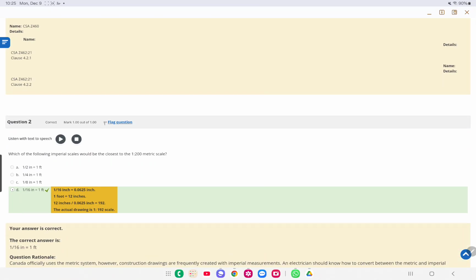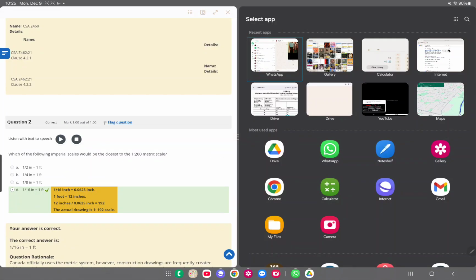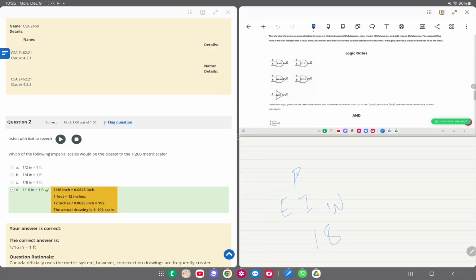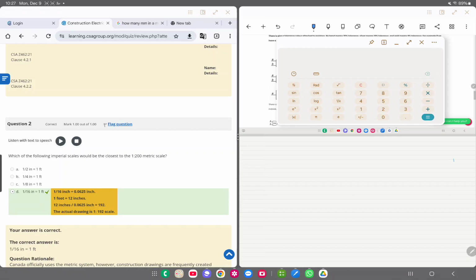Which of the following imperial scales would be the closest to the 1 to 200 metric scale?